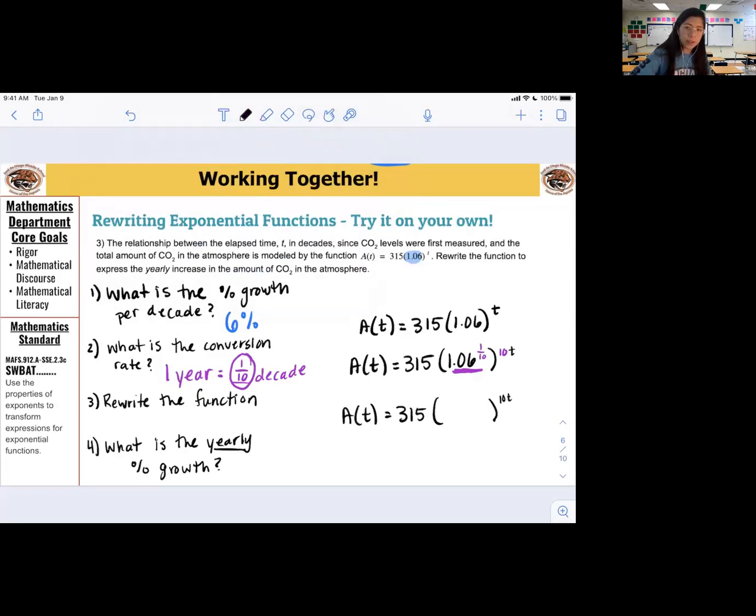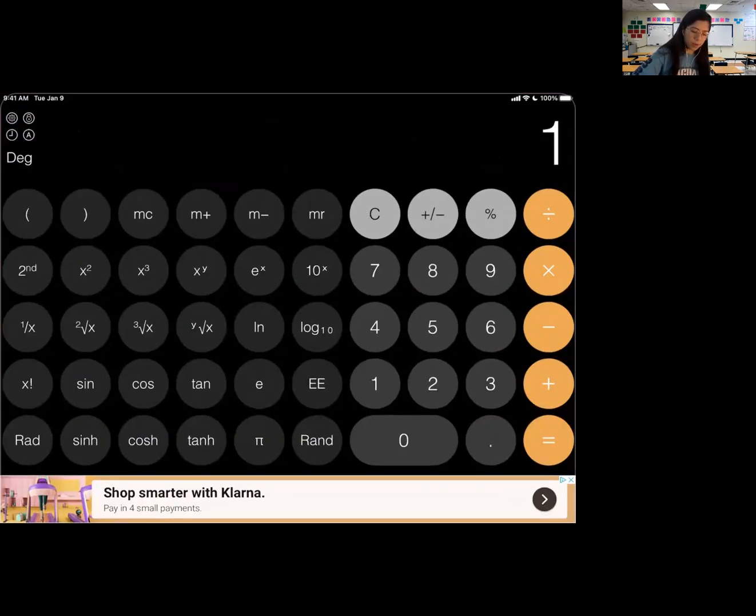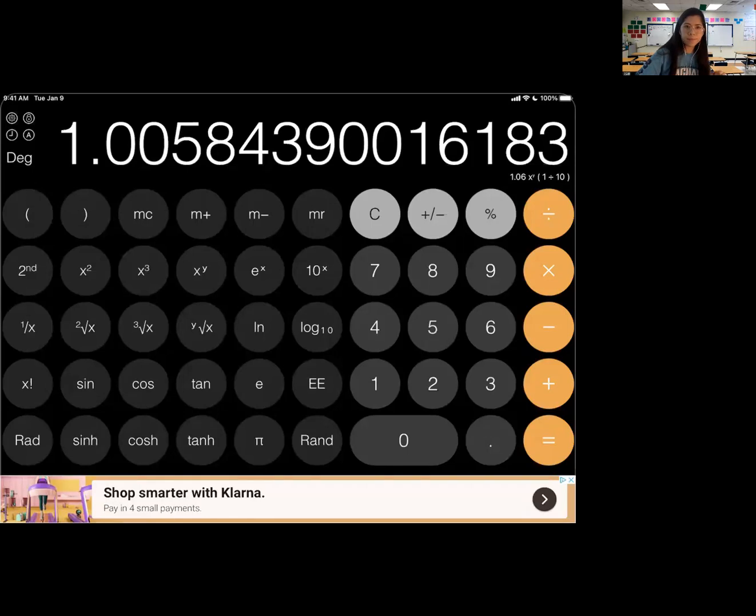Okay, so plug it in, see what you get. And here we go, 1.06 to the power of 1 over 10. So that's 1.06 to the power, open parentheses, 1 divided by 10, close parentheses, hit equals.